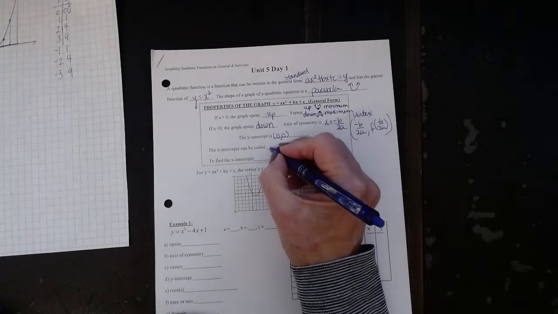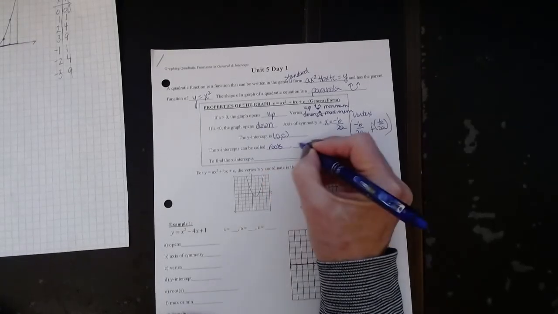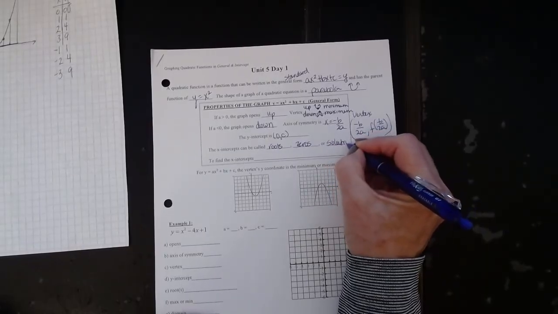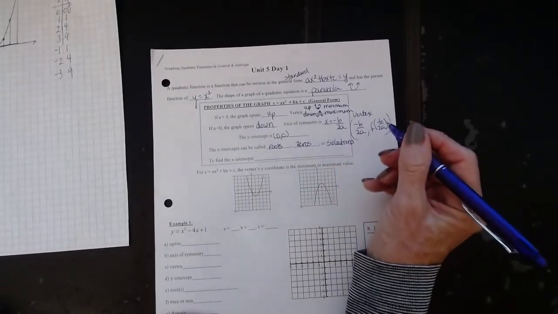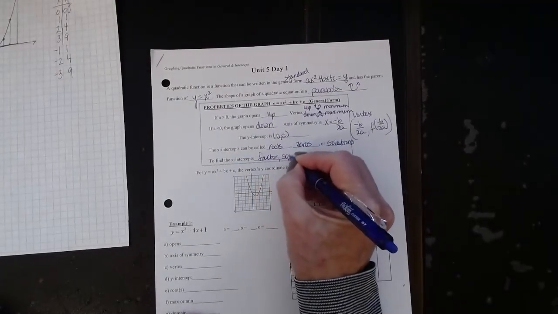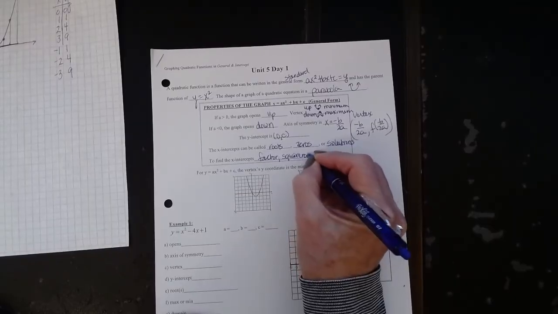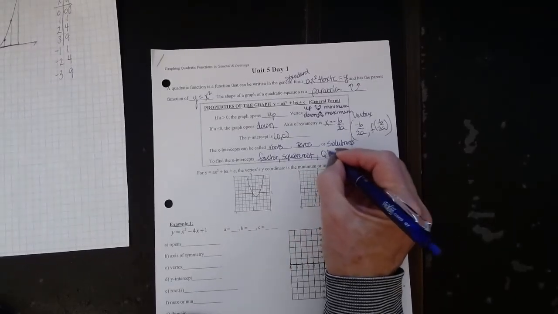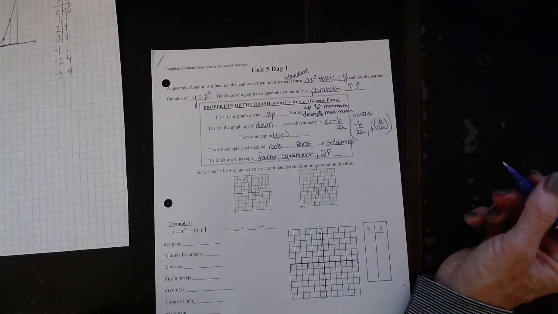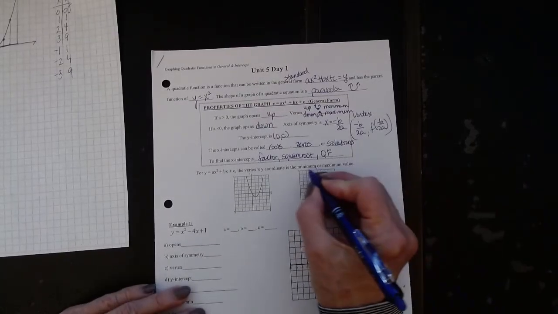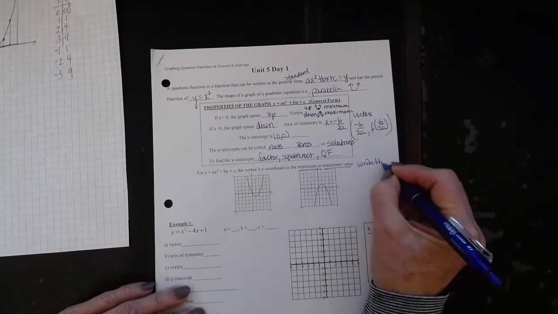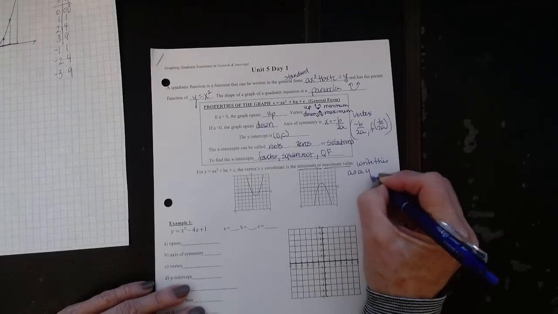The x-intercepts can be called roots, zeros, or solutions. And to find the x-intercepts, we will factor, use our square root method, or we will use the quadratic formula, whatever we need. Okay. When we're talking about the minimum or maximum value, we're going to write this as a y equals equation.